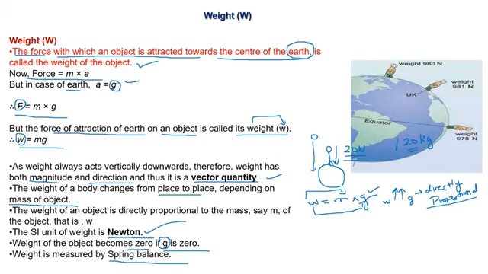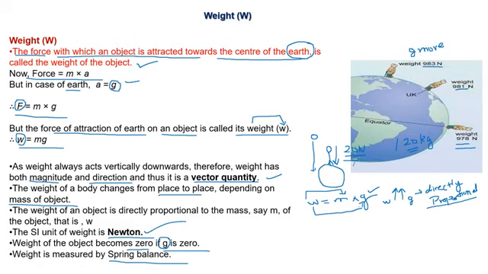Here you can see in this picture, a person's weight on the equator is 978, whereas near the pole it is 981, that is increasing, and at the pole the weight is 983. Why is the weight more at the pole? Because at the pole, acceleration due to gravity is more, right?